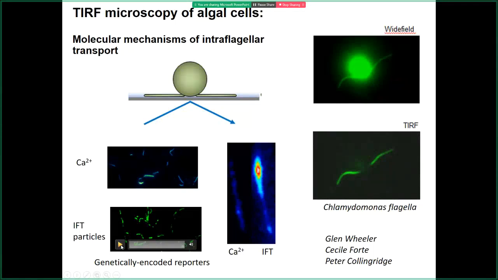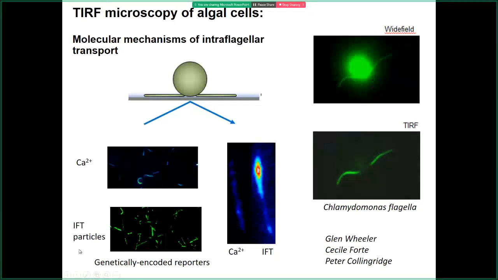So the flagella grow in length by transporting proteins from the base to the tip, for example. And they also use protein transport to signal what's going on from the flagella into the cell body. And this bottom left-hand video shows the movement of intraflagellar transport particles, which have been labeled with a fluorescent reporter protein.